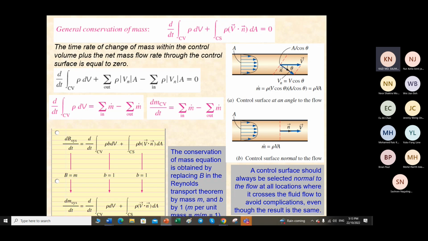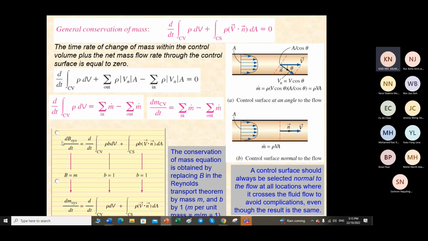This can virtually be represented by a summation of rho V in and rho V out, the area remaining the same because you transfer the inclined area to A. Finally, the change of mass flow rate in the control volume will be equal to the difference between in and out.